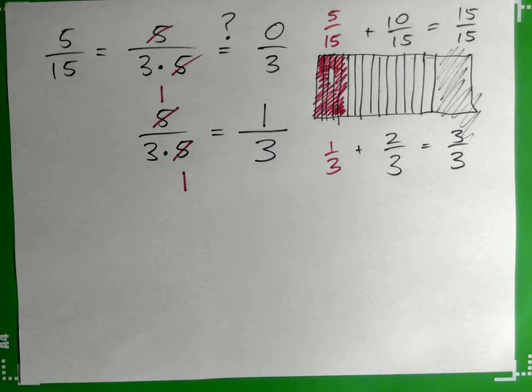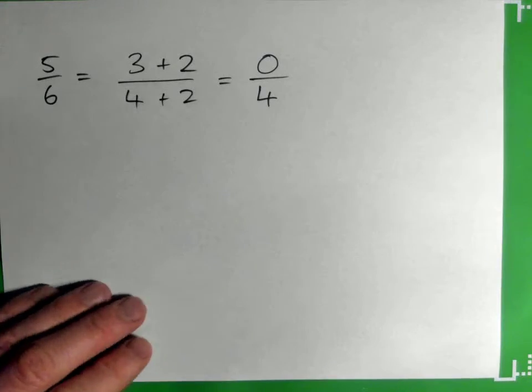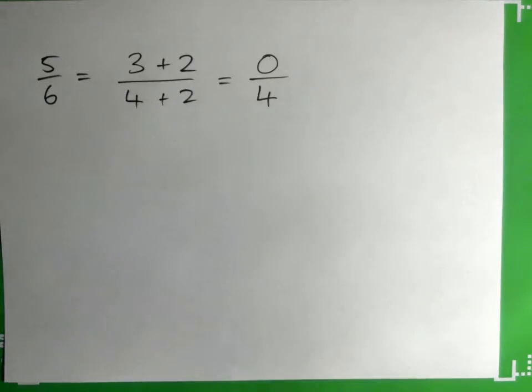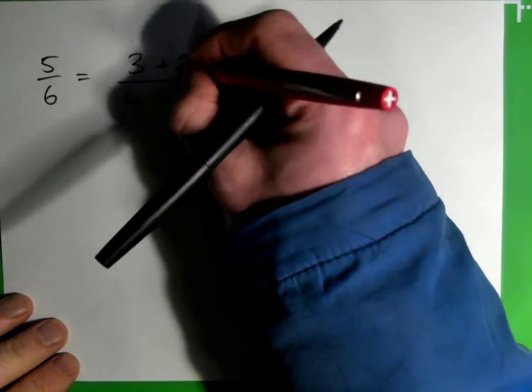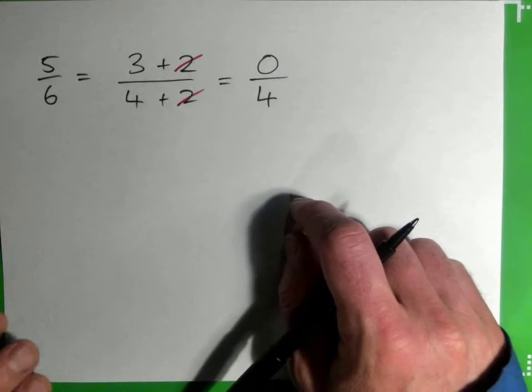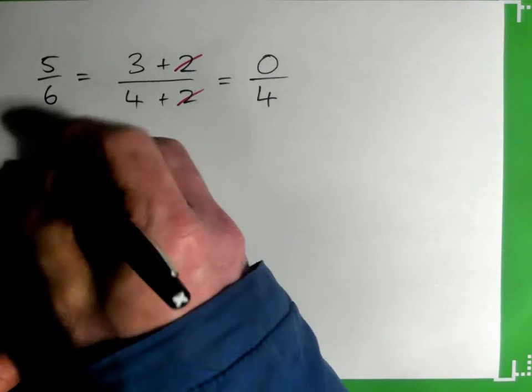Okay, and the next one. Alrighty, so 5/6 apparently is 3 plus 2 over 4 plus 2. And then somebody crossed the 2's off and they got somehow 0 over 4. So lots of mistakes here. In fact, the first part is fine.